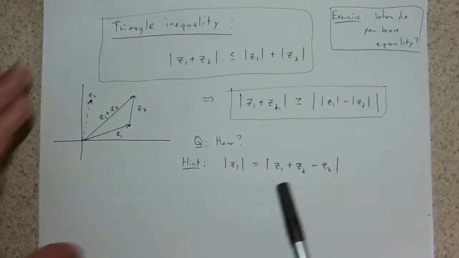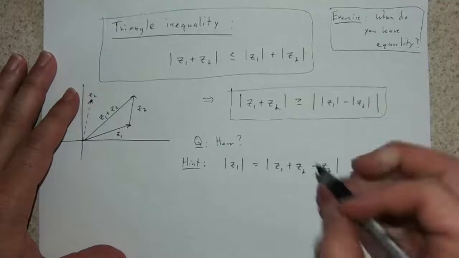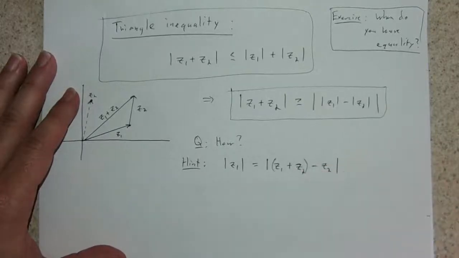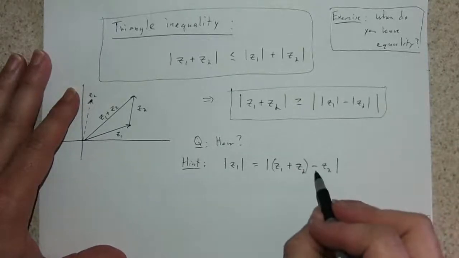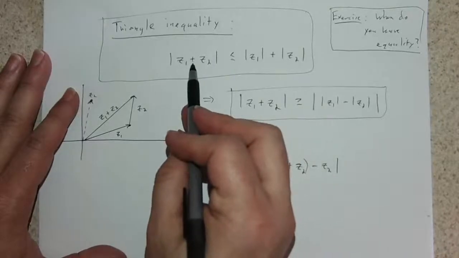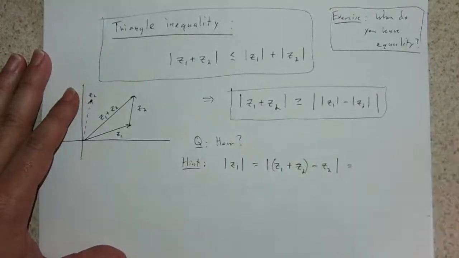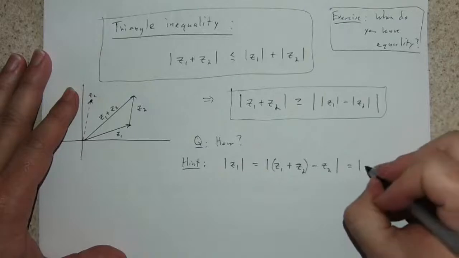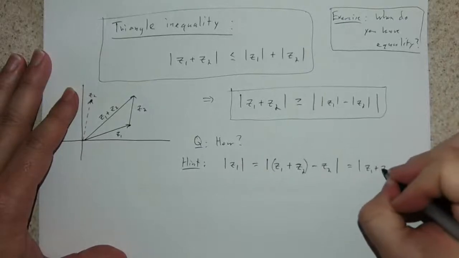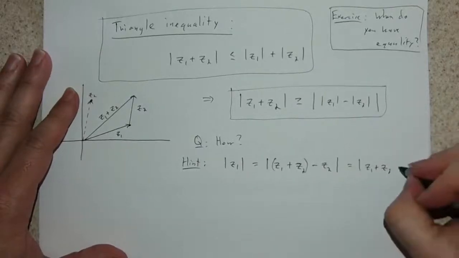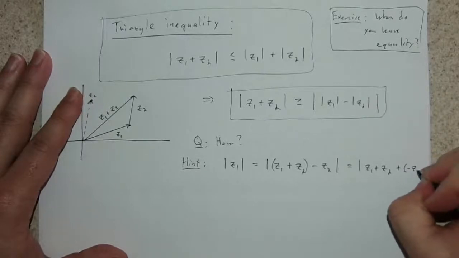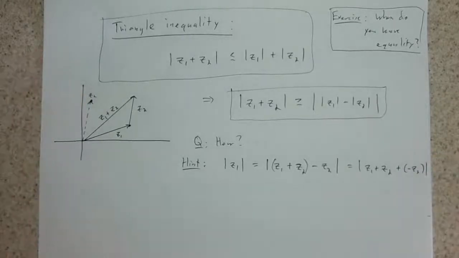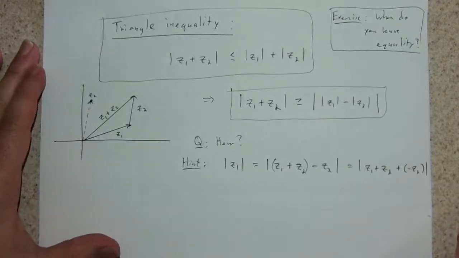Well, now I can use the triangle inequality for this. And you might complain, saying the triangle inequality has a plus here. Well, let's rewrite this so that we don't have any complainers. So I have z sub 1 plus z sub 2 plus minus z sub 2. There we go. Complaints are quelled now, hopefully. All right.